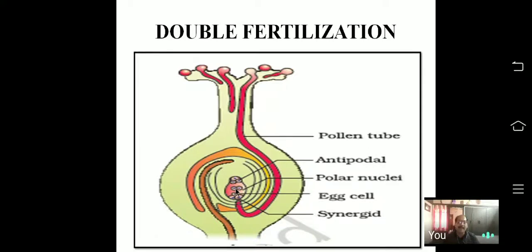It develops the endosperm, that is the nourishing tissue for embryogenesis. After fertilization, the 3 antipodals and 2 synergids, all these 5 cells, degenerate. Only the zygote develops into an embryo, and the primary endosperm nucleus nourishes the embryo.